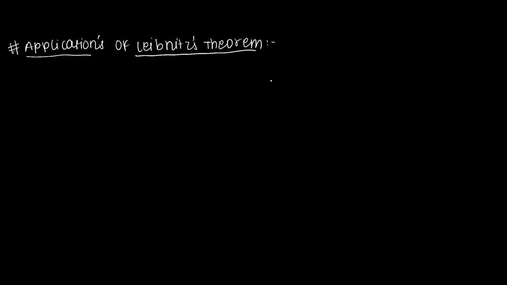Now let's discuss the applications of the Leibniz theorem, in which we will be discussing a few questions. These are repetitive types of questions, so let's discuss all of them one by one. Let's say you have the nth order derivative for the function x square e power x. Try solving this using the Leibniz theorem.